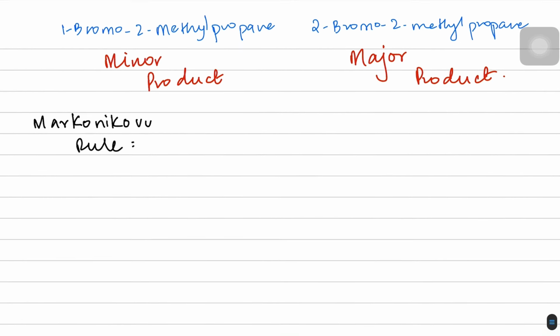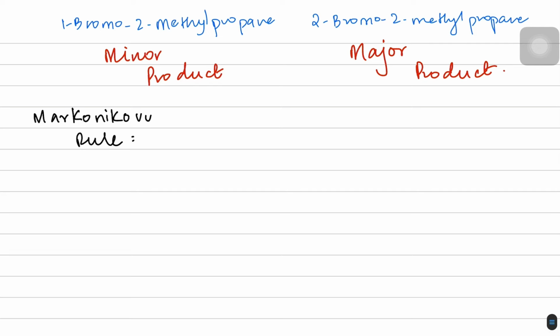The Markovnikov rule says that when electrophilic addition is going on, the electrophile is attached on the less branched carbon. So it's related to asymmetrical alkenes, by the way.